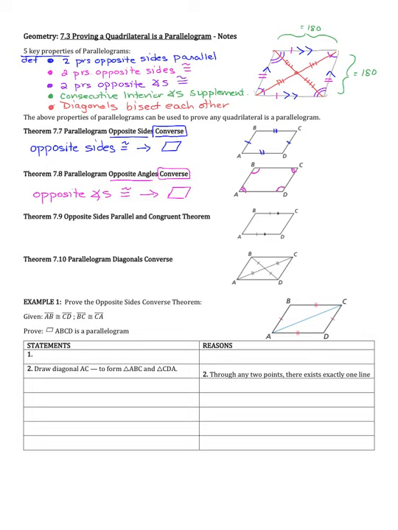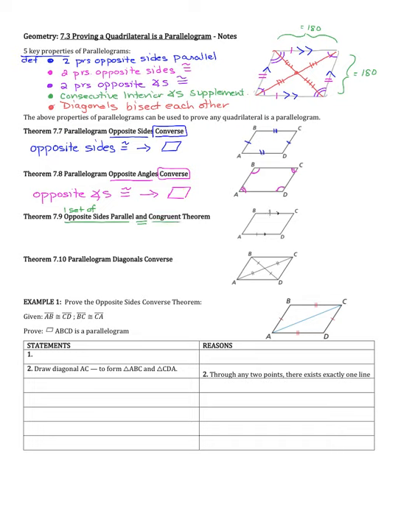Then we have, now this one is not part of the 5 properties. This one is sort of something that you can derive from those properties. So the way this works, one set of opposite sides are parallel and congruent.